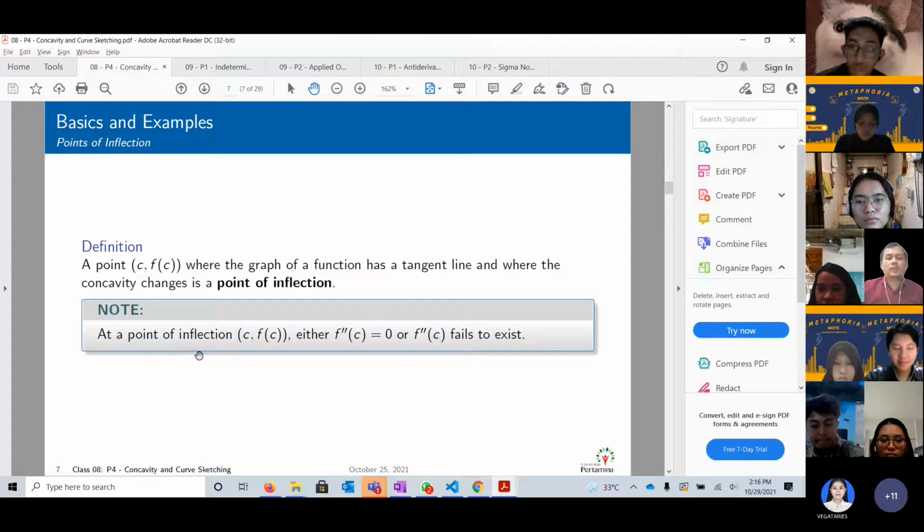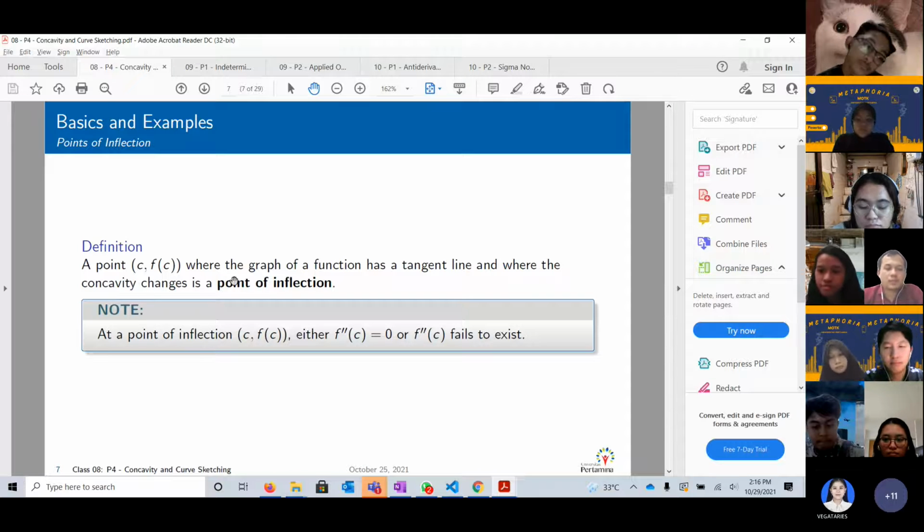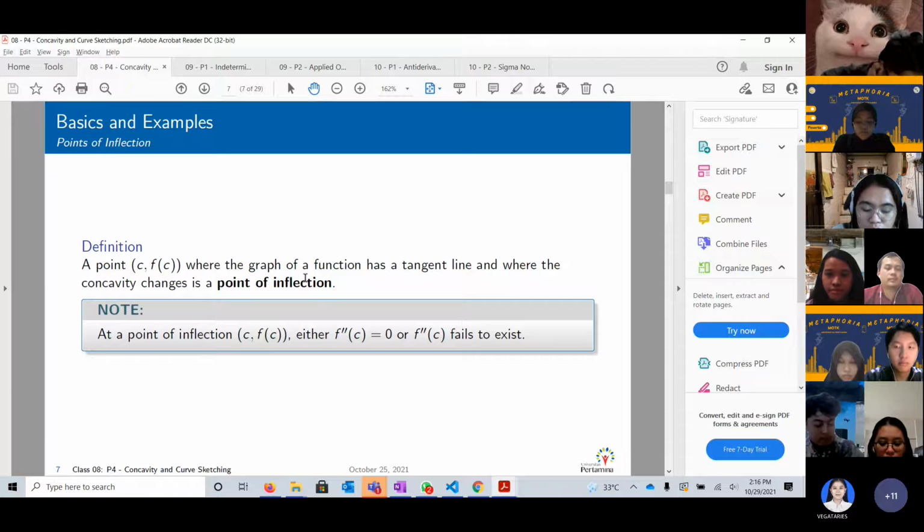Now, there is also a definition that is called a point of inflection. So, what is a point of inflection? A point of inflection is a point where the graph of a function has a tangent line and where the concavity changes.